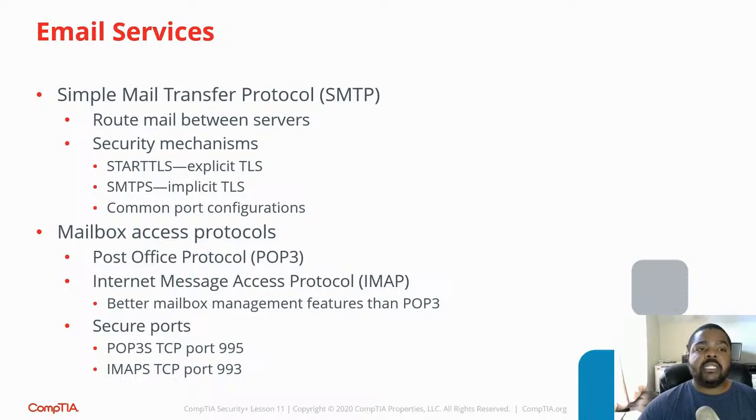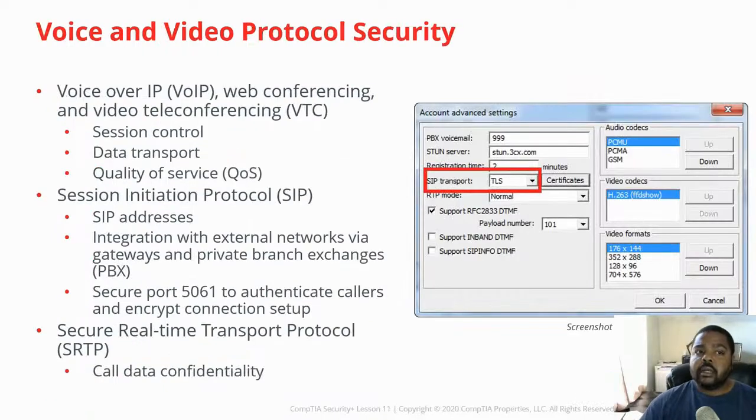But you also may see protocols such as IMAP and POP3 used. I normally see them in the cell phone mobile industry. But normally when you're taking a test and learning about email services, we're probably talking about SMTP, port 25.